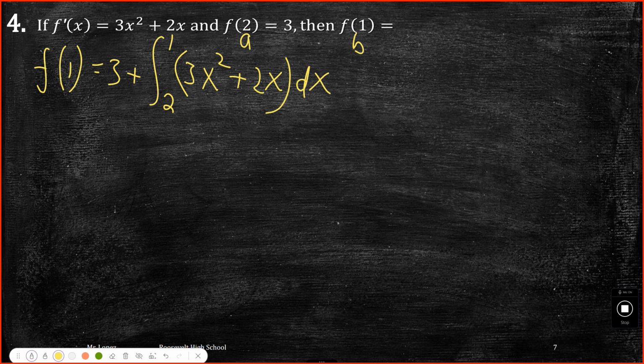What? It's backwards. Could we just do it? Okay. F of 1 is okay. Let's integrate this. Yeah, let's just do it like this. We could switch the values and put a negative in front of it, but let's just do it like this. See what it does.